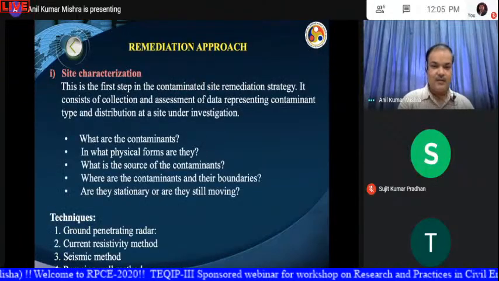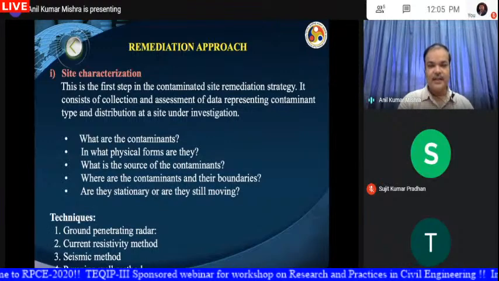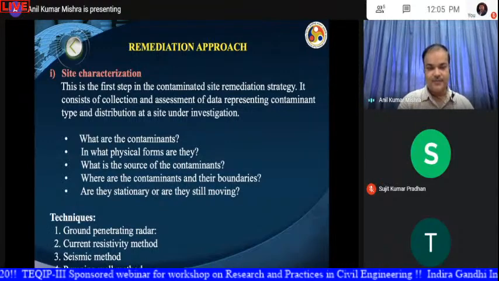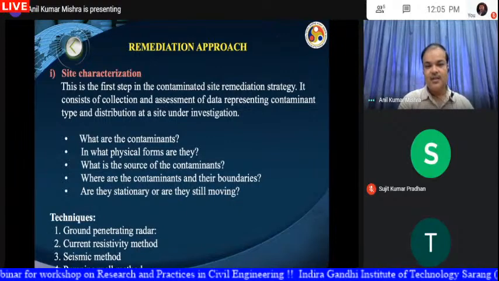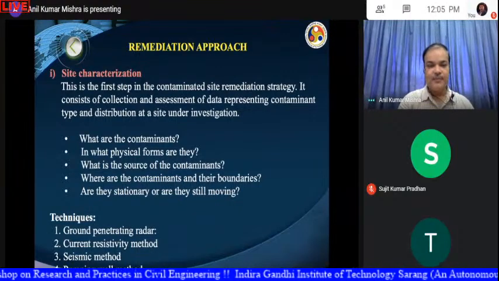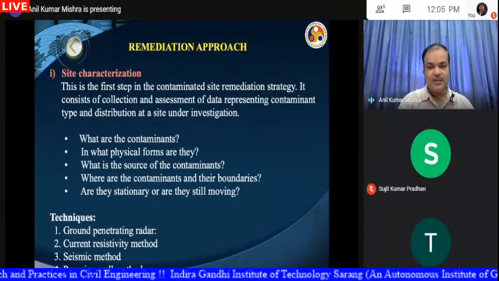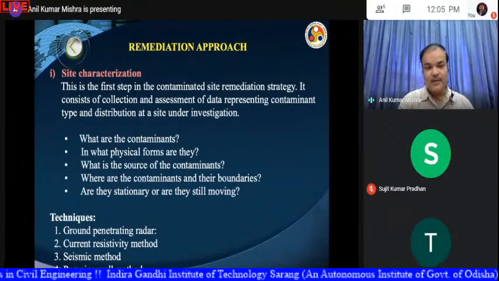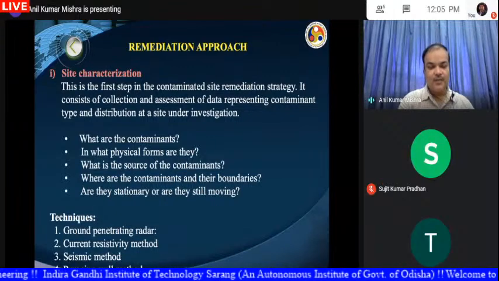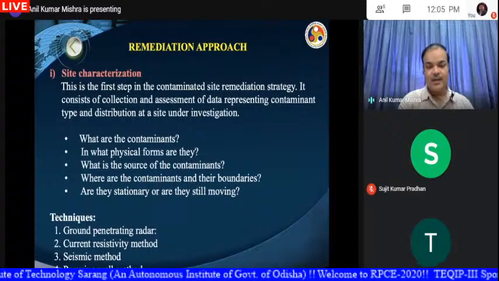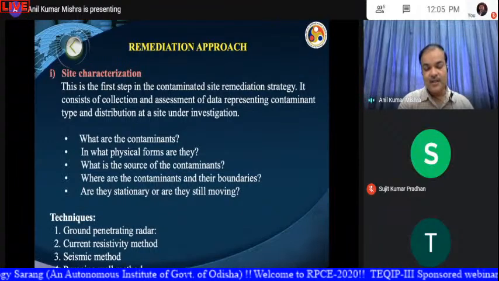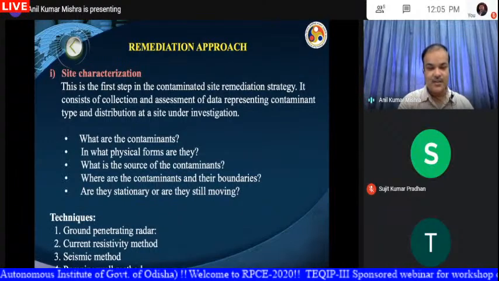So when we go for the remediation technique, there are different steps. First one is site characterization. In the first step, the contaminated site will be thoroughly checked to know what kind of contaminants are present, whether they are in physical form or not, what is the source of contaminants, what the boundaries are, and whether these contaminants are moving or stationary.